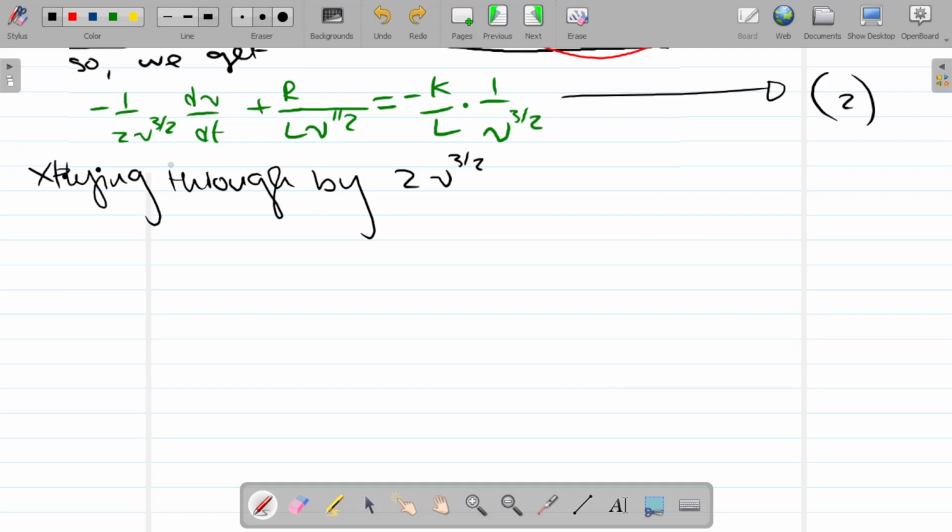But in this particular case, we're multiplying through both sides by 2v to the power 3 over 2. And that's because, if you think about it, we want to reduce this coefficient to just 1, and then the equation is easier to work with.